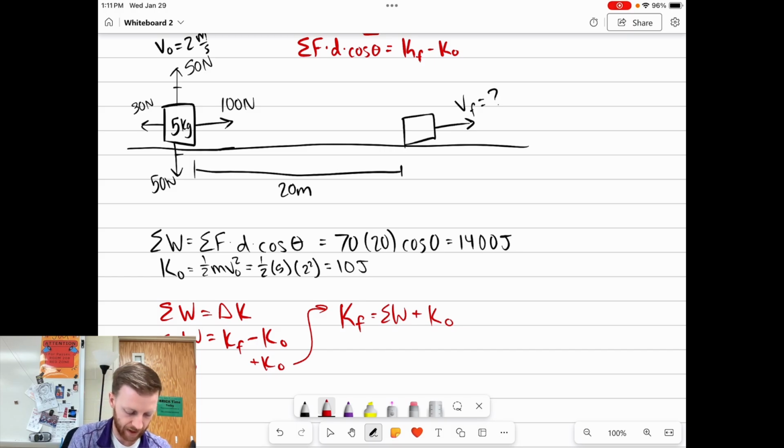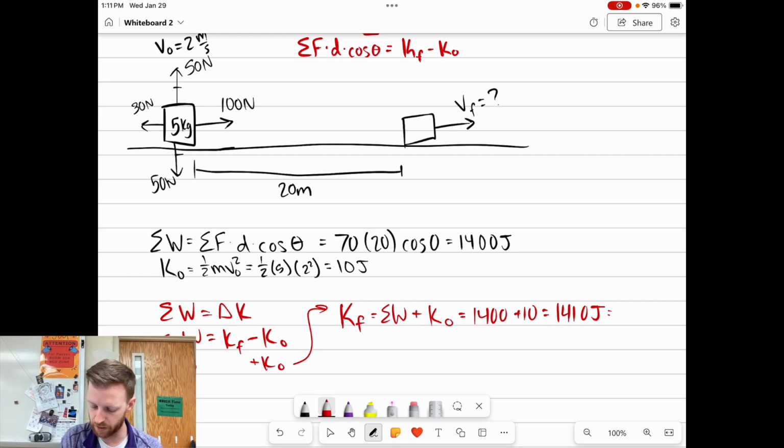Well, as I think about that, what is it telling me then? It's telling me that I add those two together and I get the final kinetic energy. So that's going to be 1,400 plus 10. So my final kinetic energy is 1,410 joules.